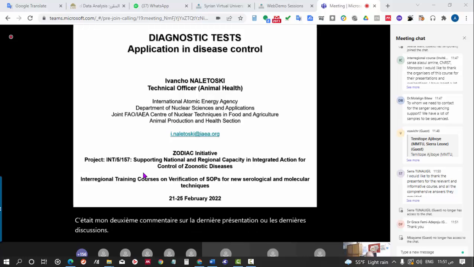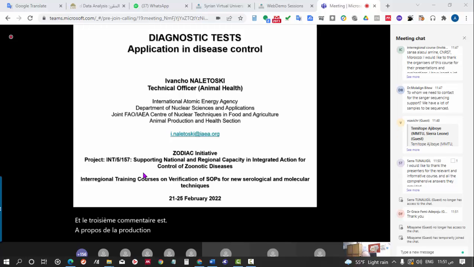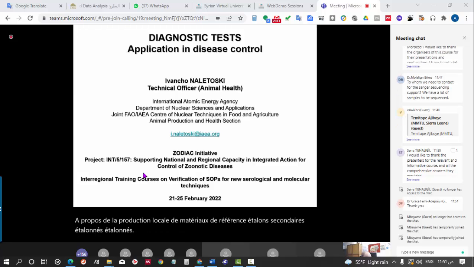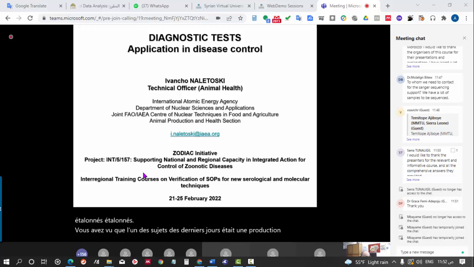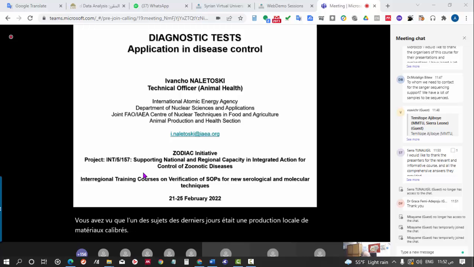And the third comment is about the local production of calibrated secondary standard reference materials. You saw that one of the topics of the last days was local production of calibrated materials, and this procedure will be integrated in the SOP for verification.